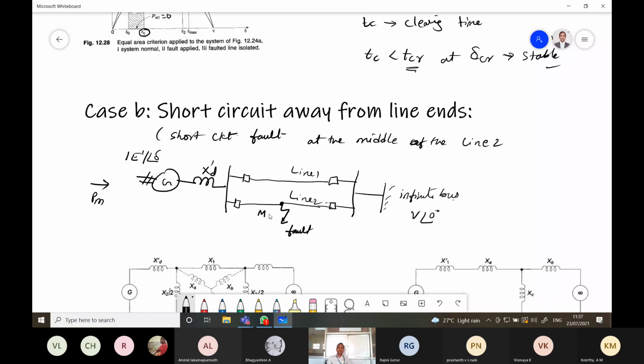In the previous case, the fault occurred at the end of the line. Away from the end, for example at the middle point of the line, there is some power flow during the fault, through considerably reduced power.